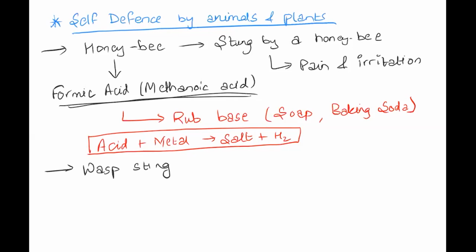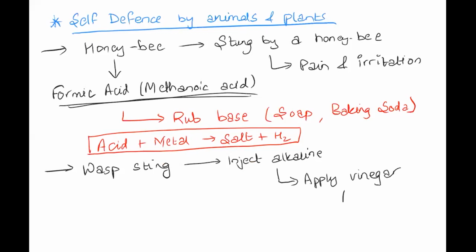So the wasp sting, what they do is they inject alkaline. They inject alkaline. So what we do is we apply vinegar. Okay, vinegar is acetic acid.